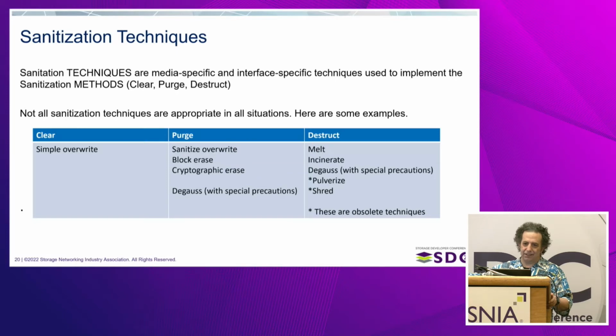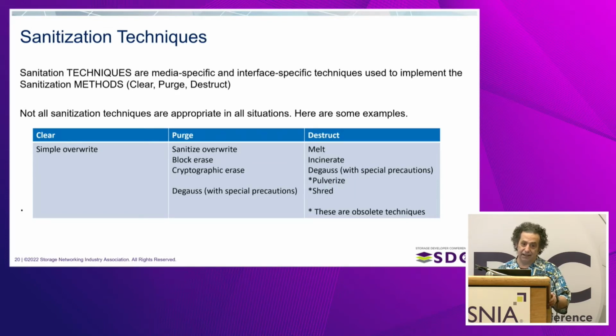We don't even call that a clear anymore, because it left all the data in a relatively easy way for anybody who has the incredibly sophisticated capability of dumping LBAs to still get to it. But if you actually overwrote it once, did a format, you probably got rid of a lot of the data, maybe not all of it, but a lot of it, and we'll call that a clear.